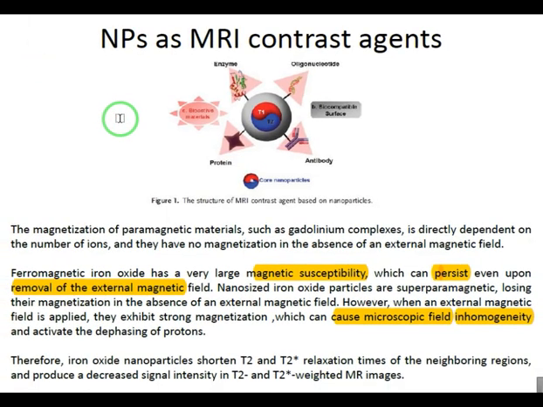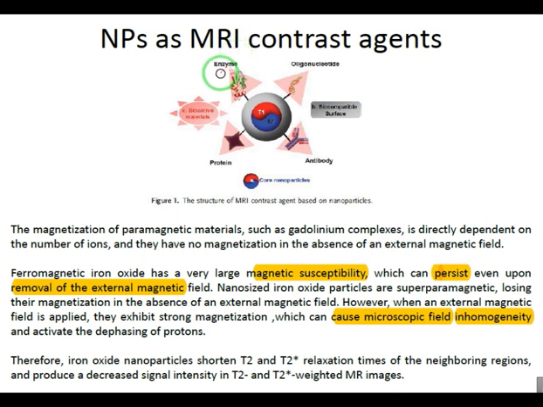Well, in the field of MR imaging, we can exploit nanoparticles to improve the contrast of the images that we get. One of the most useful nanomaterials for these applications is iron oxide nanoparticles, or the magnetic nanoparticles.